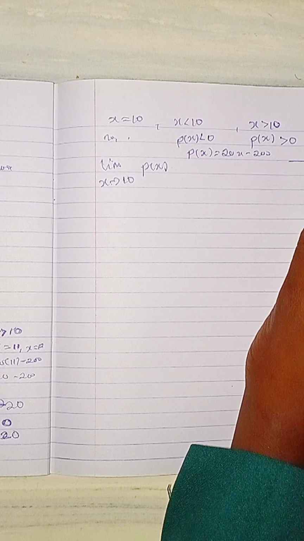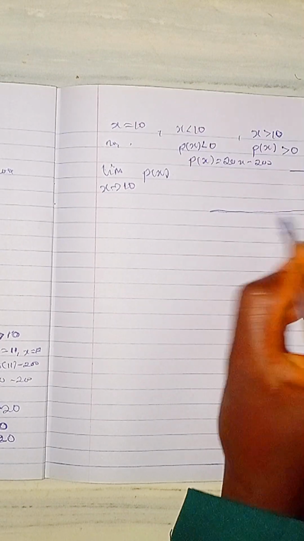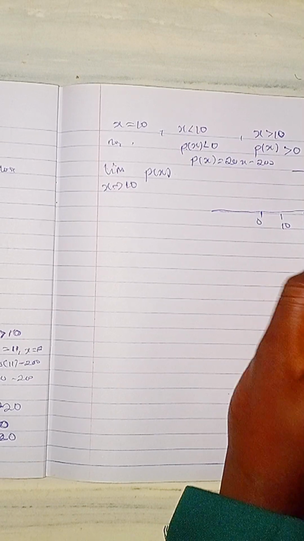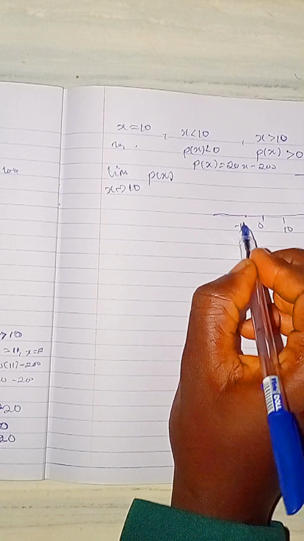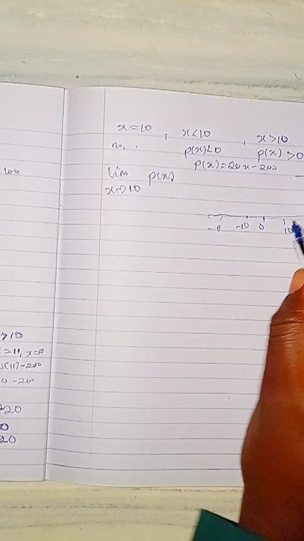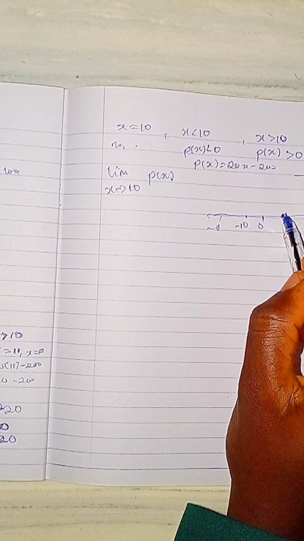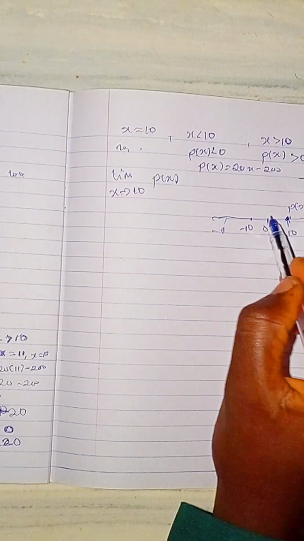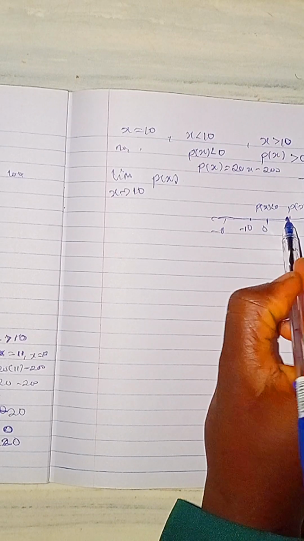To the right here is 11, to the right is more than 10, while to the left is negative. So if the man is at the right of 10, he will start making profit. But at the left of 10, the man will lose.